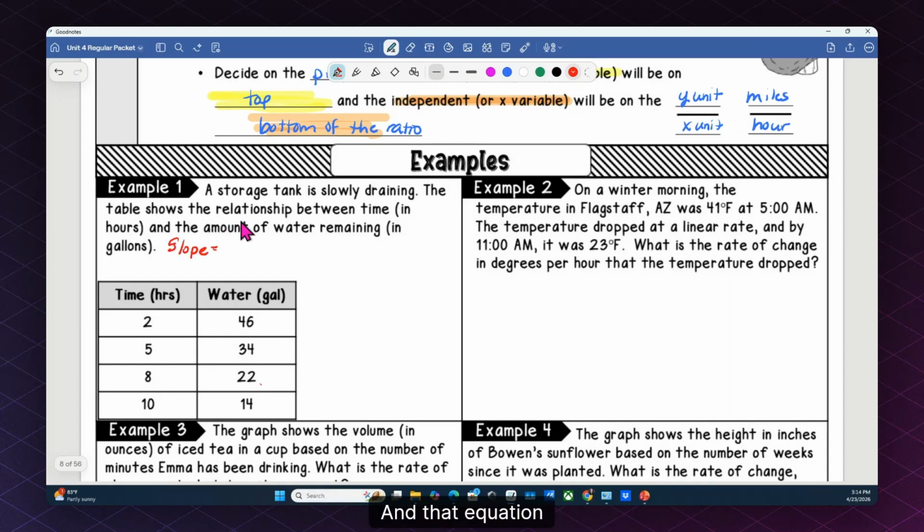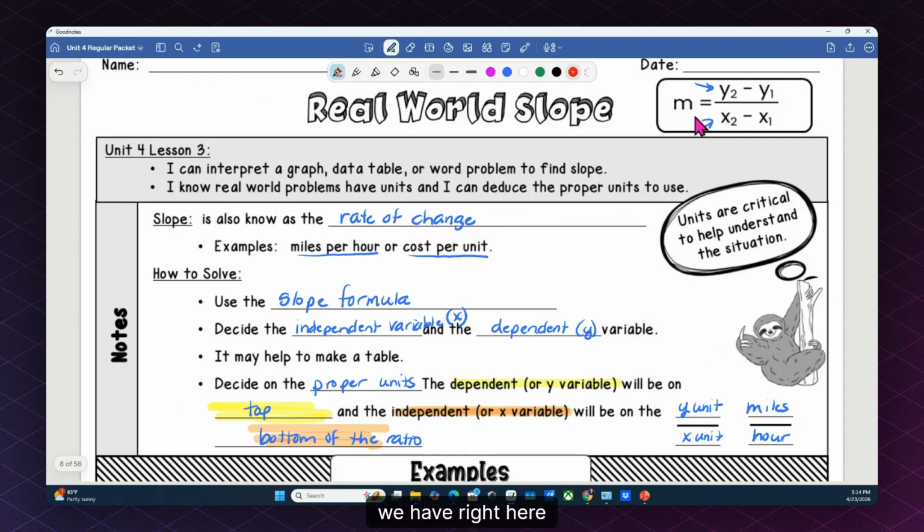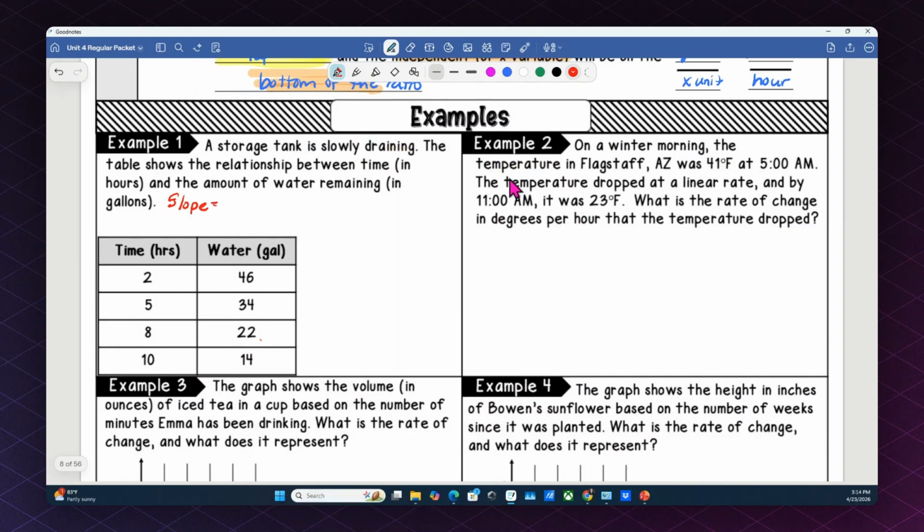I'm going to write that equation over again: y2 minus y1 divided by x2 minus x1.